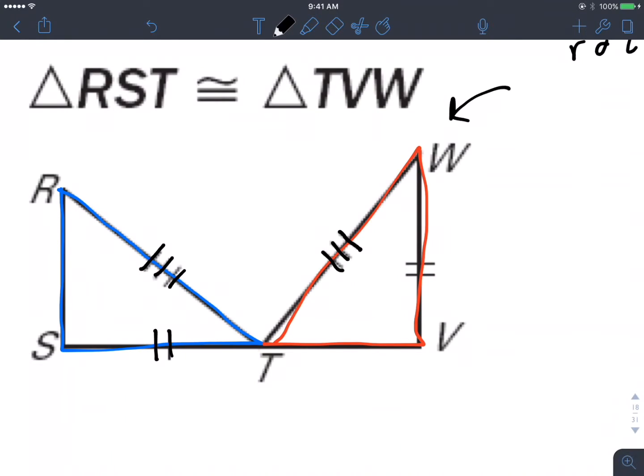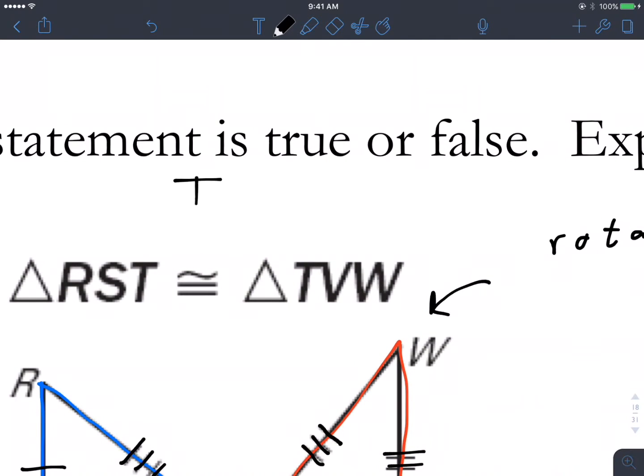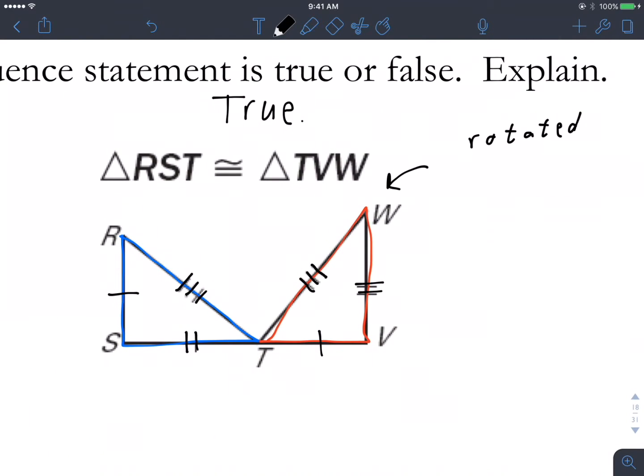And we have ST is congruent to WV, and we can also put that TV is congruent to RS. So yes, this is also true. They're the same triangles, except the one outlined in red is just rotated up more.